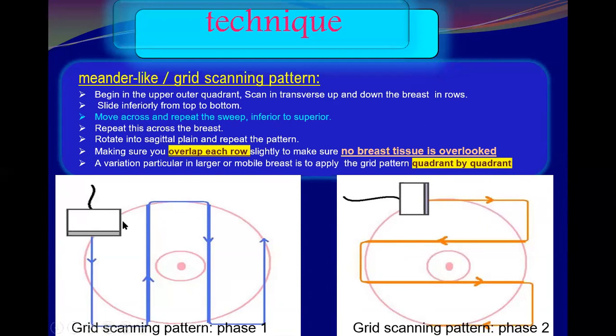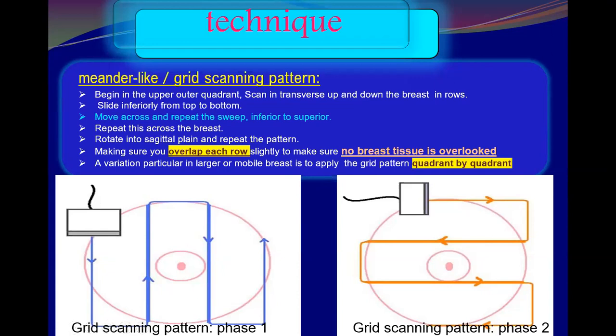You can put the transducer here in transverse, going down and repeat it across, up, down, up for the whole breast. But if the breast is big, do it quadrant by quadrant. The same. Go down and up in the quadrant, complete the quadrant, and then go to the other quadrant.